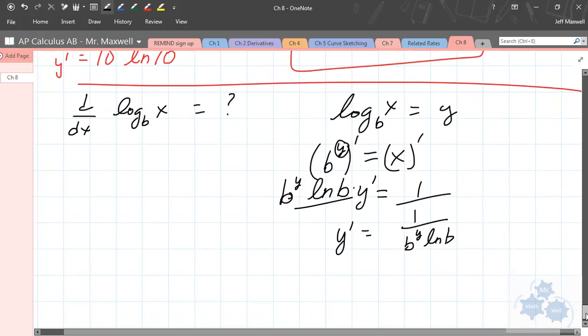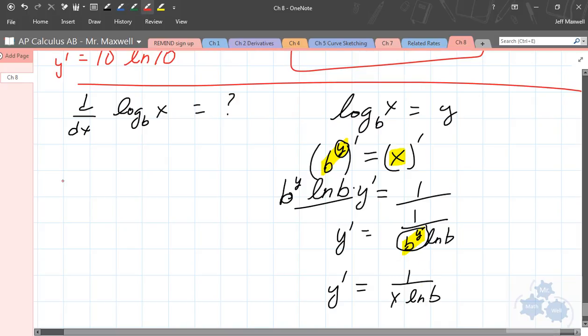We'd finish this off by asking, what is b to the y here? Actually it equals x, right? So 1 over x ln b.